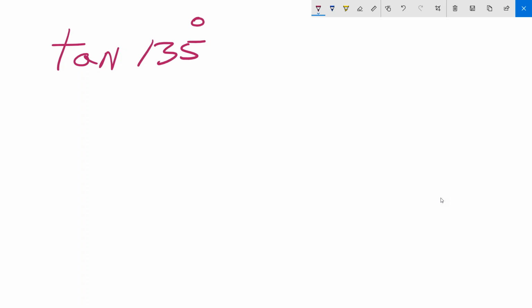Okay, so first of all, always ask what quadrant it's in. Okay, I'm going to put a 2 over it, and I recommend you do the same thing when you're doing these. What is what I used to call the equivalent first quadrant angle, but what I'm now going to call the reference angle?